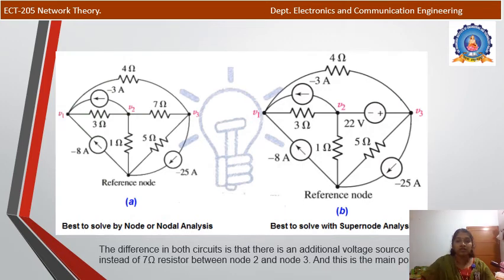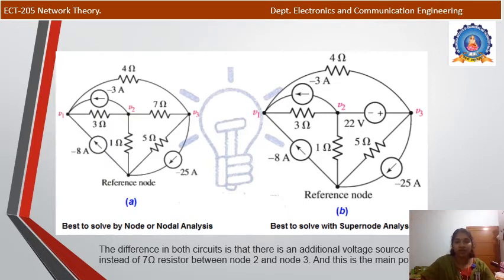This diagram shows the difference between a node and a supernode. In this case we have three nodes V1, V2 and V3. Between V1 and V2 there is a 3 ohm resistor, between V2 and V3 there is a 7 ohm resistor, and this lower point is the reference point.